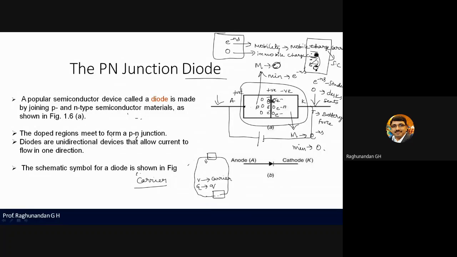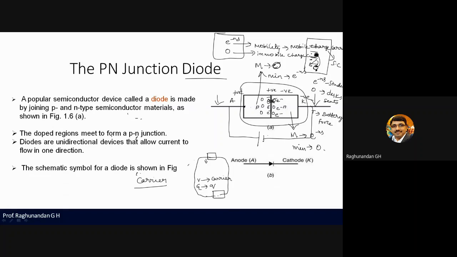This is the positive terminal, this is the negative terminal. We are going to connect this PN junction diode to this battery, with P to P connection and N to N connection. This type of connection is known as forward biasing of a PN junction diode.